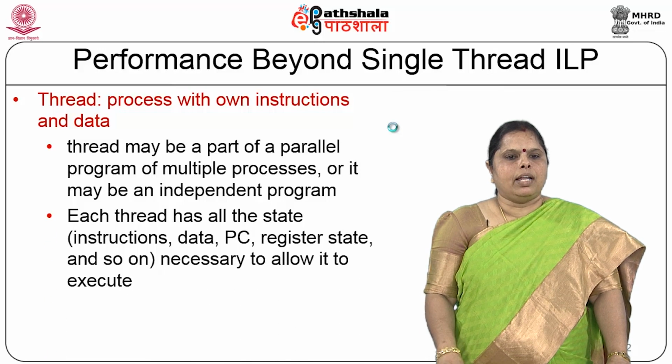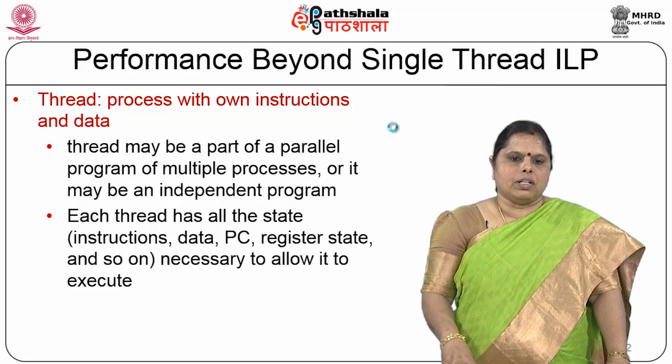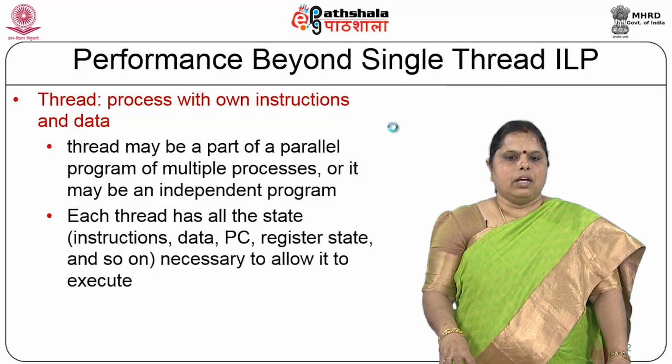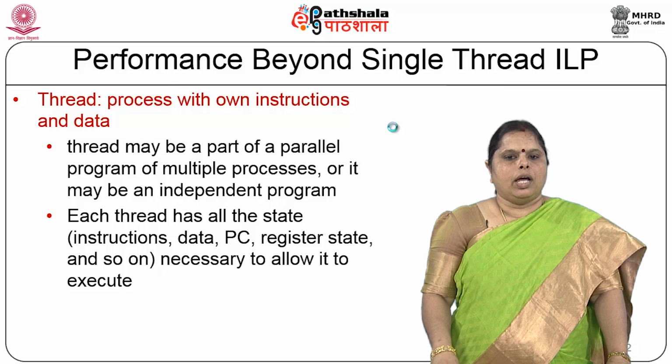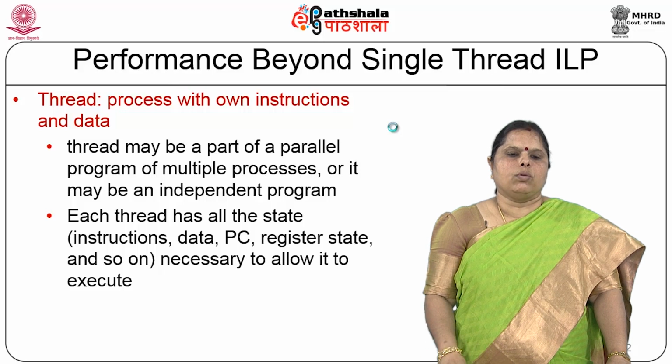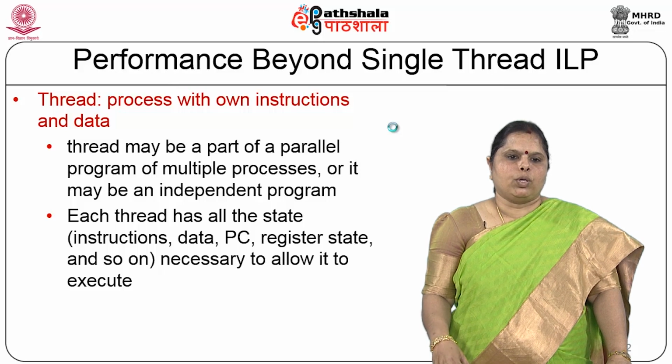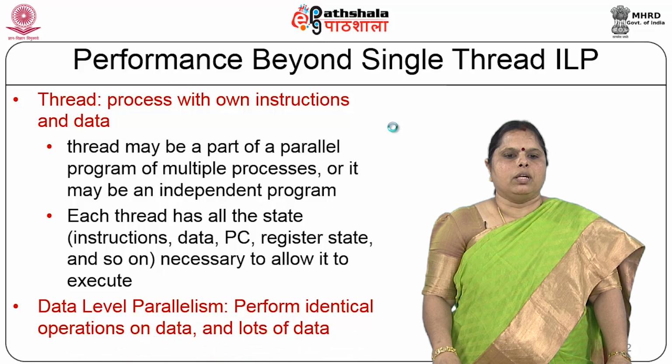Each thread has all its instructions and all its state independently. So, it has its instructions, its data, a program counter, a register state and so on, whatever is necessary to allow it to execute. That is how you define a process.